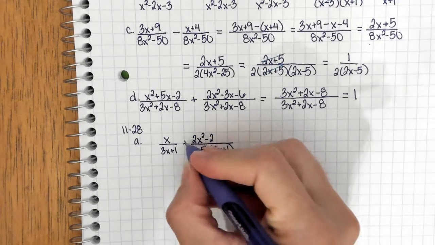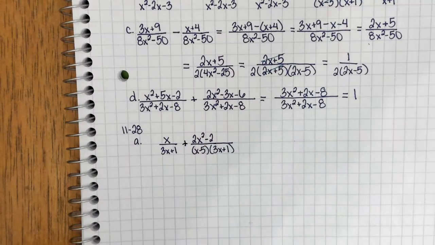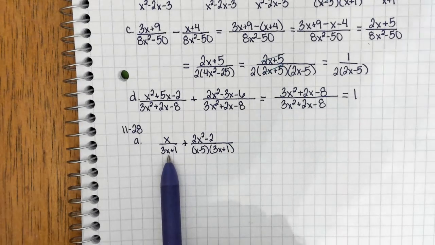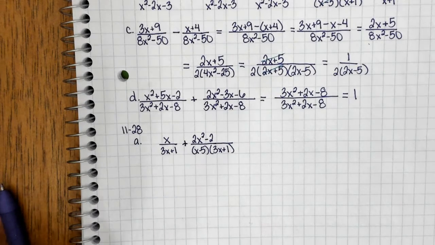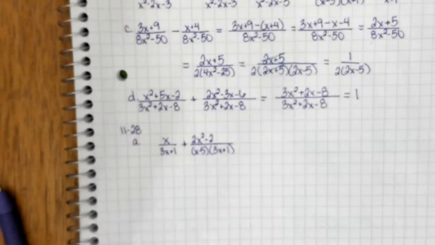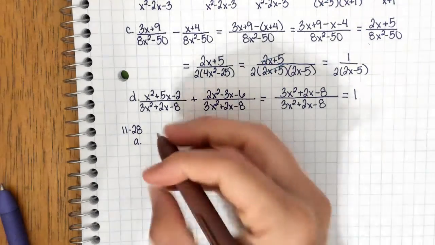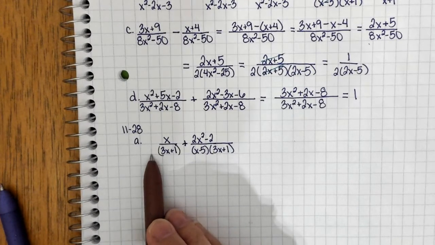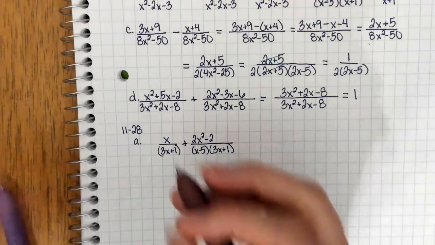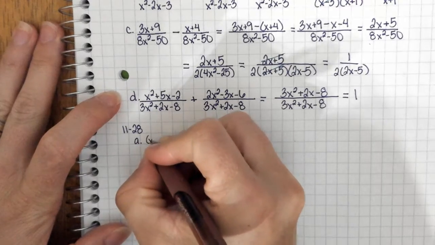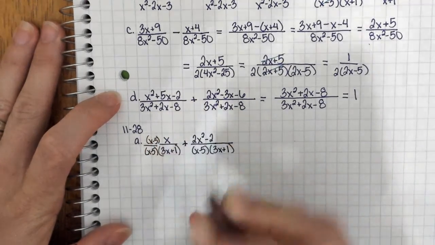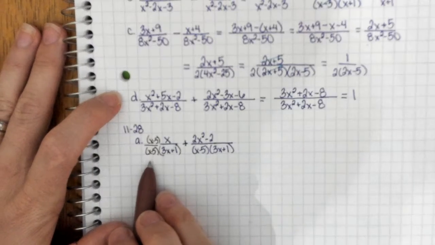So we're adding fractions, so we need a common denominator. To get a common denominator here, you can see that this has a denominator already of 3x plus 1. It's not written with the parentheses around it, but you can write them around it. So we're missing in this first denominator an x minus 5. So we're going to multiply this first fraction by x minus 5 over x minus 5. And that's really just a 1.